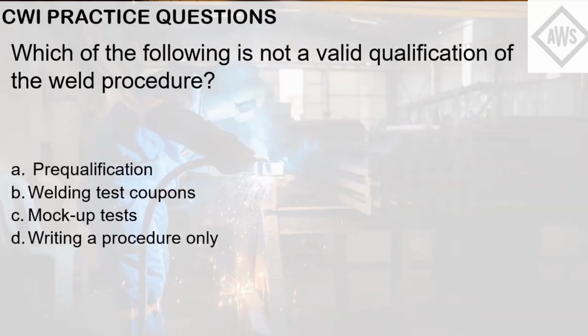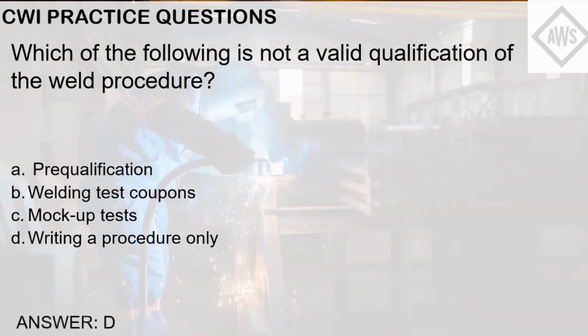Similar to that situation, this statement indicating only is the wrong answer, meaning this is not included in the qualification of the weld procedure. So the answer here is letter D, writing a procedure only.